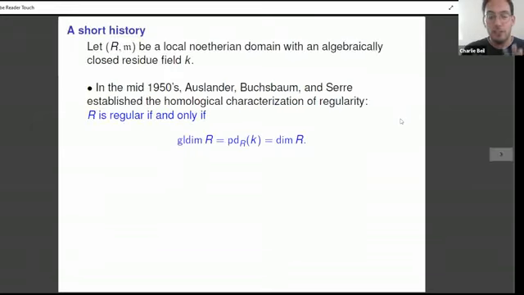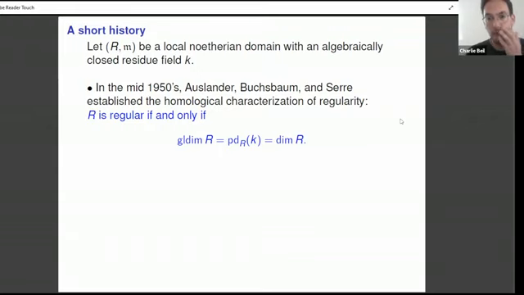So I'll just give a quick brief history of non-commutative resolutions. Let R be a local Noetherian domain with an algebraically closed residue field K and maximal ideal M. In the mid-1950s, Auslander, Buchsbaum and Serre established a homological characterization of regularity.